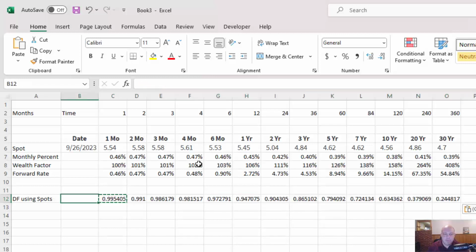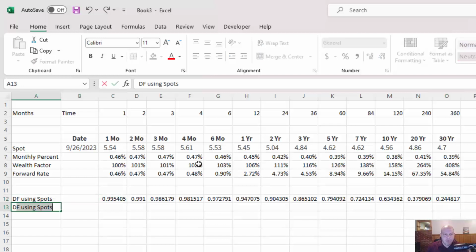So it's just going from 1 divided by 1 plus the spot rate to the power of whatever, and that's the value of money today at that term in the future. So would you rather have 24 cents in the future or $1 today? You'd be indifferent to that in theory.